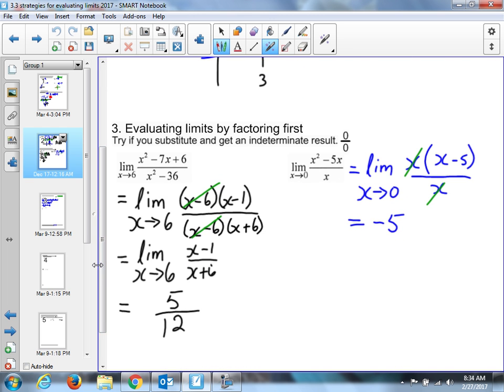Evaluating limits by factoring first. If you have indeterminate results, 0 over 0, it's possible, and you get a knack for this, that you can factor top and bottom, cross out a common factor. There's a hole there, you're thinking maybe. And then evaluate the limit.